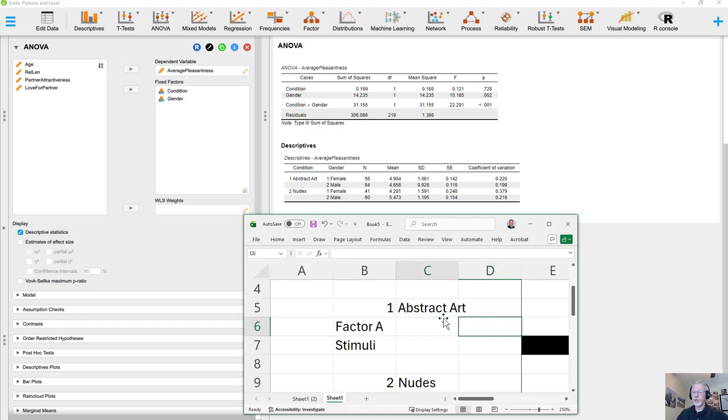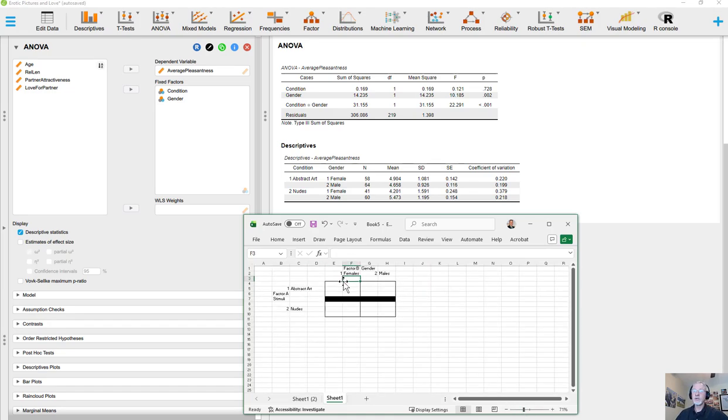And I'm going to put in means. For females, abstract art is 4.904. Males, abstract art is next, and that is 4.658.